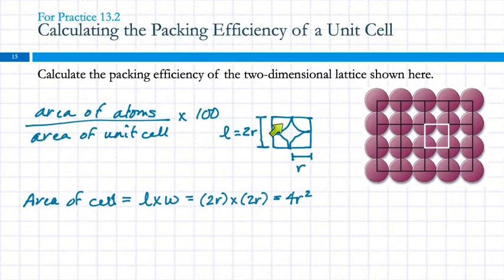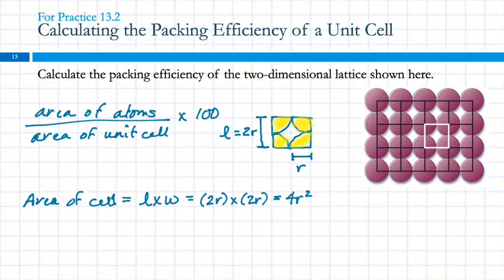And then what's the area occupied by the atoms? Well, right there is 1/4 of a circle, right? And here's 1/4 of a circle, and here's 1/4 of a circle, and there's 1/4 of a circle. So area of the purple circles, there's one circle in there, right?